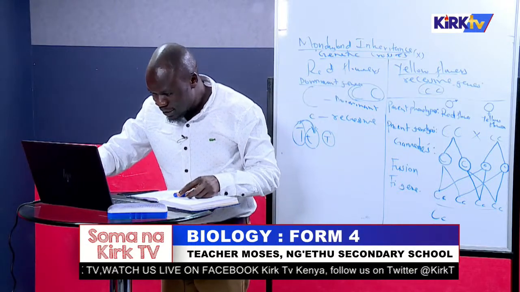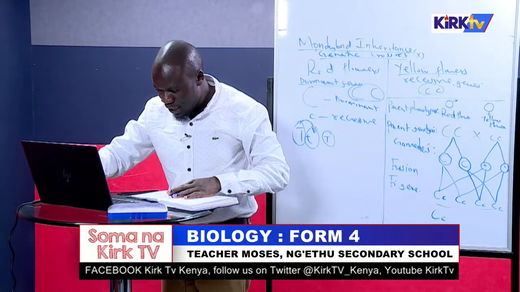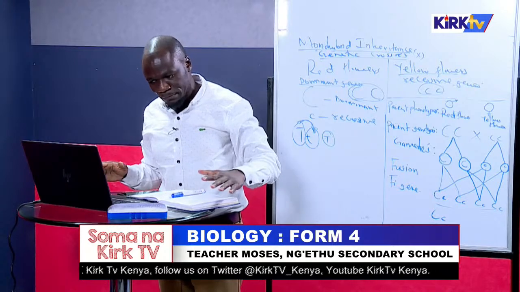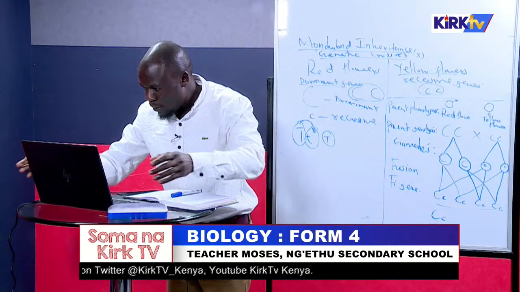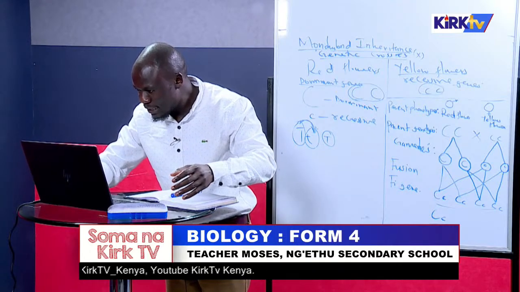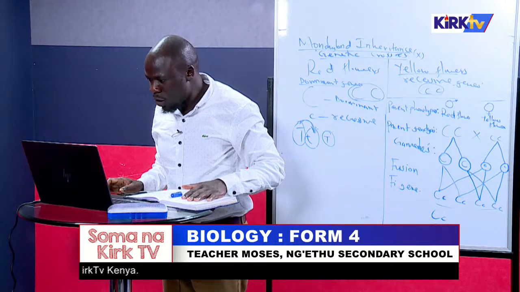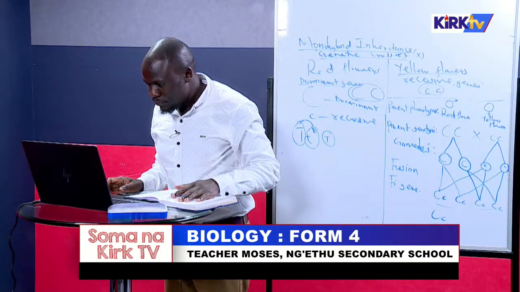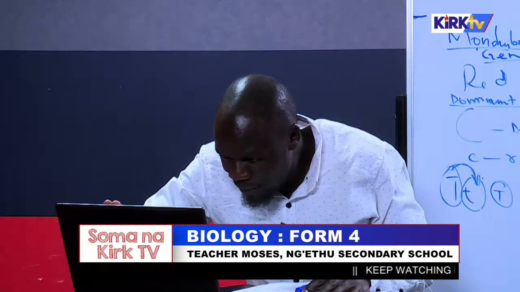Let me read out this example to the learners. A cow with white fur was crossed with a red bull. No, this is a different one. Let me read the one that is concerning the monohybrid inheritance.